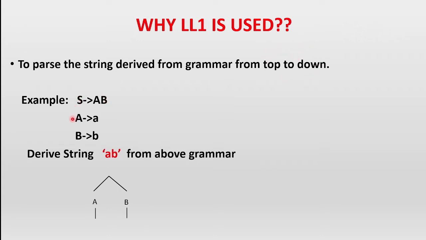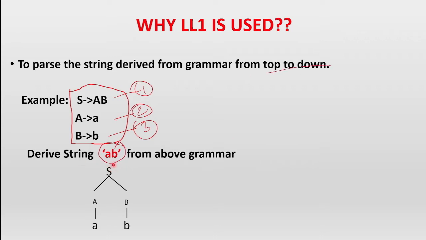For example, a grammar will be given like this. In this grammar, there are three productions: 1, 2 and 3. Now I have to derive the string ab from the above grammar. For this I have to draw a top down parsing tree like this. S is the start symbol, so S will always come first.